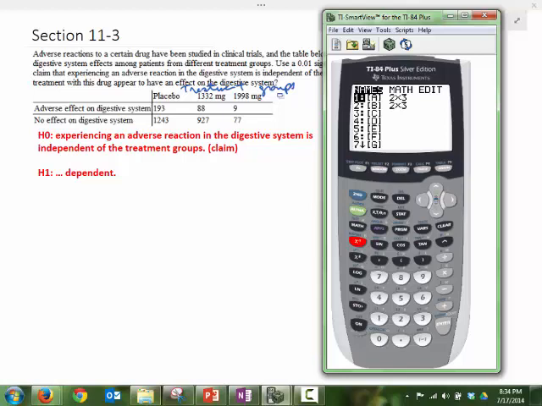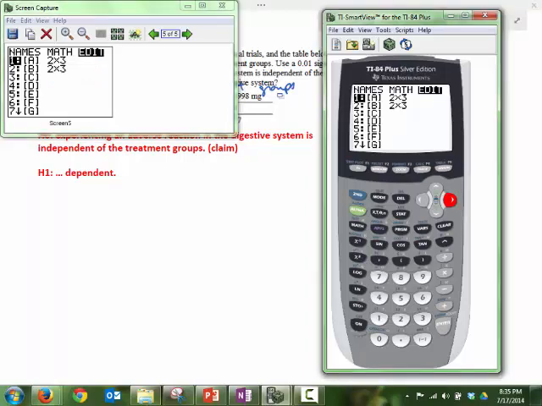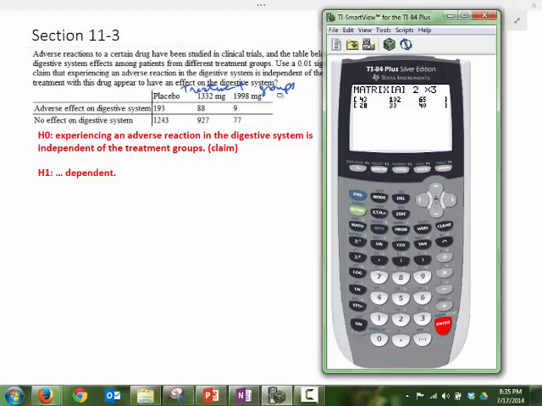And when you start a new problem, you're going to go to Edit. So you're going to edit a matrix. The matrix that you need to edit has to be identified by the number of rows and the number of columns.